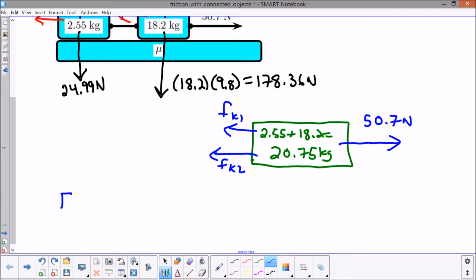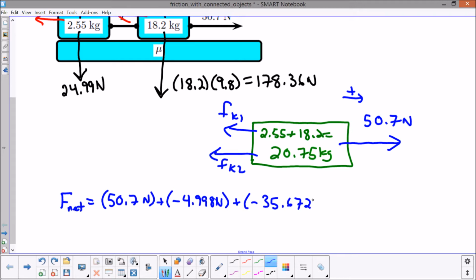And so the net force acting on that entire system, again, I'm going to set this up so that the right is the positive x direction, is 50.7 newtons plus negative 4.998 newtons, which is FK1, plus negative 35.672 newtons, which was FK2. If you add all those together, you get 10.03 newtons.